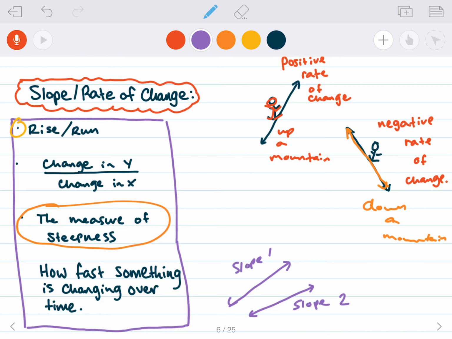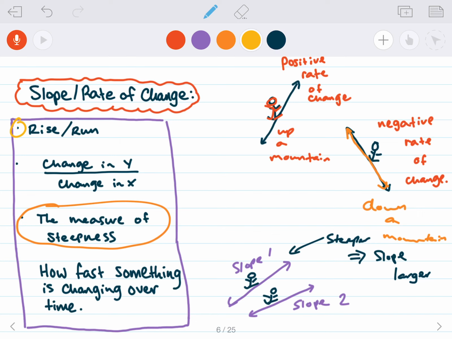Which of these is going to be harder to climb up? Is it going to be this one? Or is it going to be this one? Well, it's going to be this one. This is the steeper one. And steeper means that the slope is larger. So that's what I mean by the slope measures the steepness.